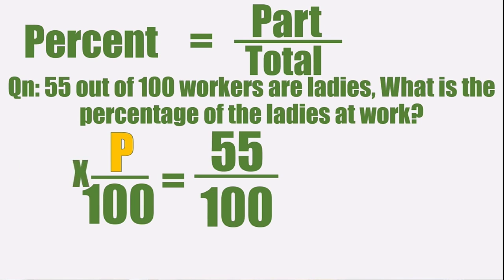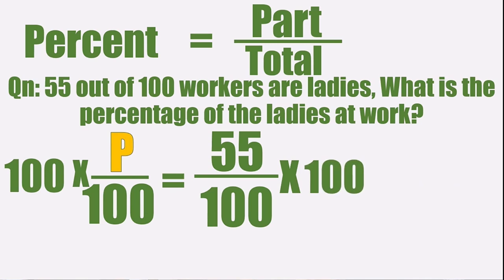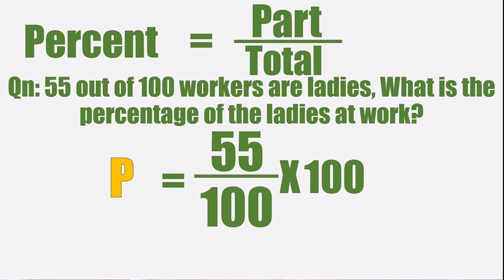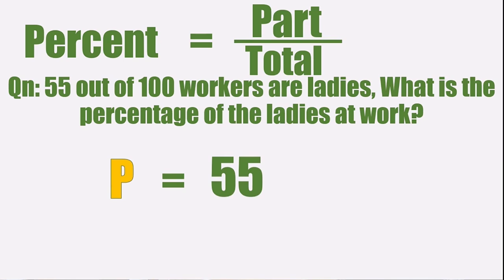So I'm going to multiply the left hand side by 100 and also multiply the right hand side by 100. Now I'm going to cancel this 100 and this 100, and on the left hand side I'm going to remain with just P. But since I'm seeing 100 on the denominator being multiplied by another 100, I can cancel that 100 and also that 100 so that I remain with just 55.